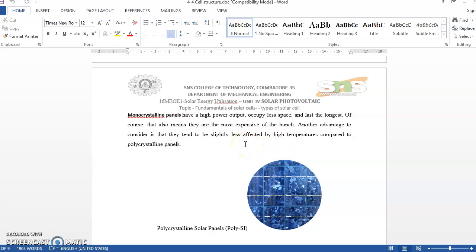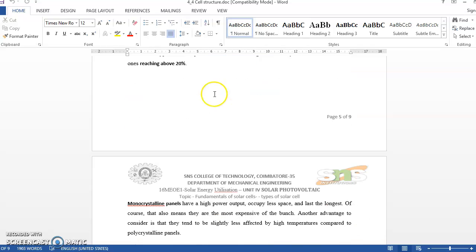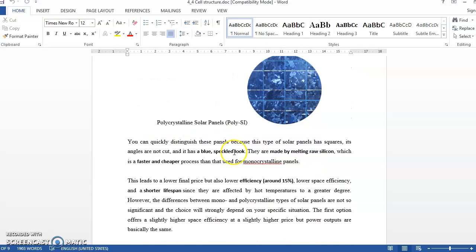Both use silicon only, as we discussed from the first unit, and they are manufactured from silicon, but the shape varies, as the name mono indicates. All four corners are rounded in monocrystalline, which we can easily remember. Polycrystalline is a square or rectangle type.